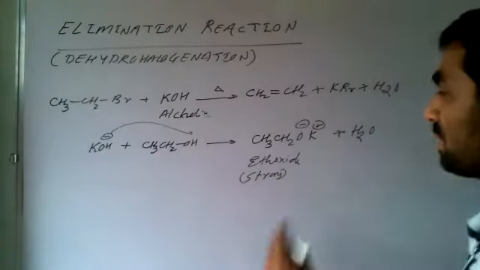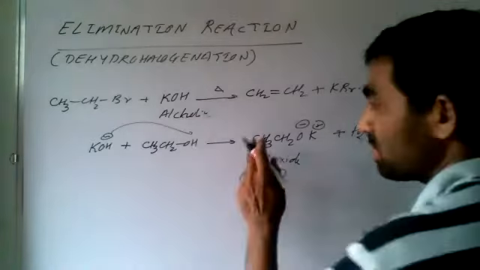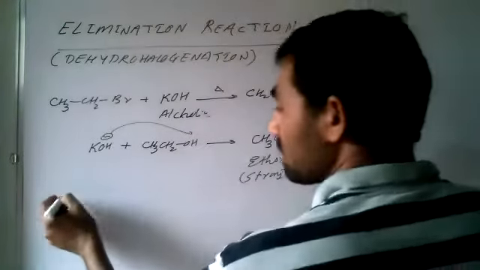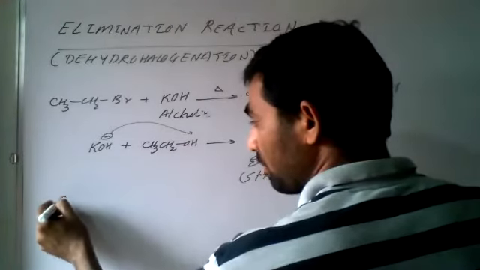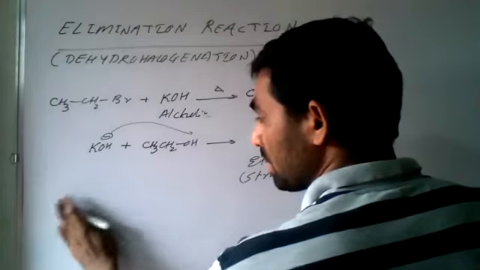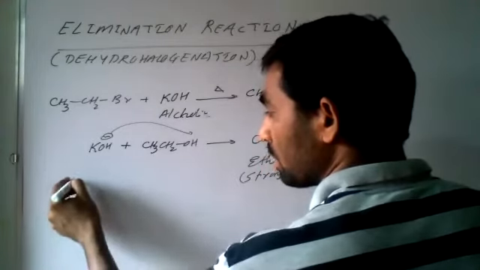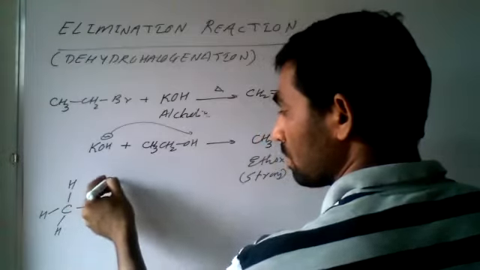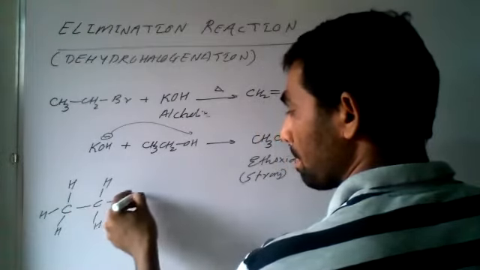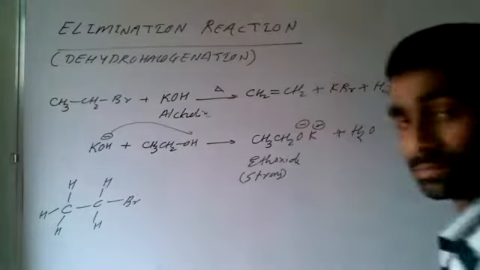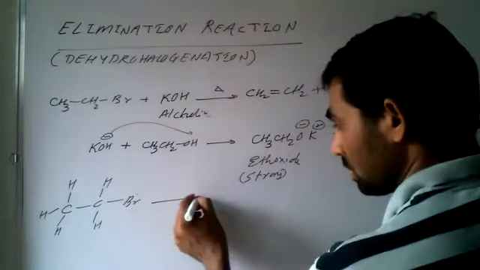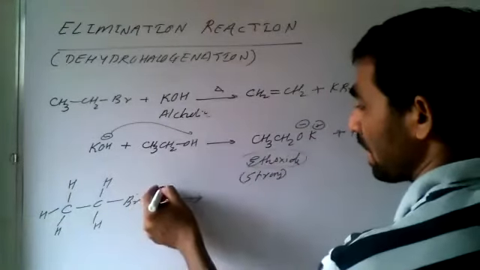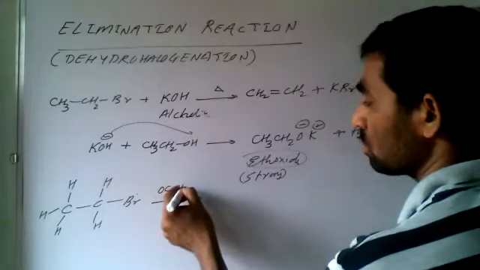So what will happen? When this base comes near this alkyl halide, for example, ethyl chloride, this ethoxide base, I can write like this, O minus.